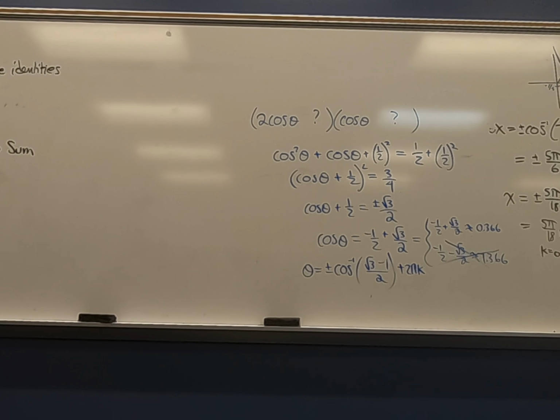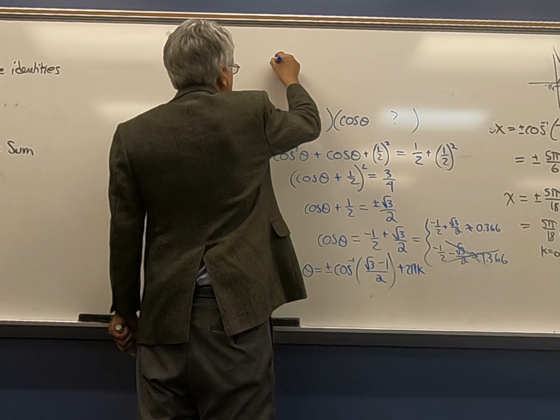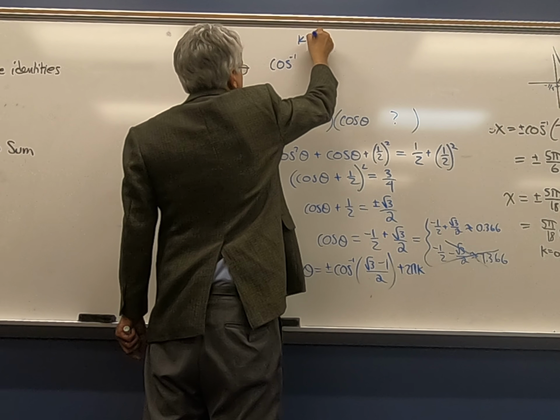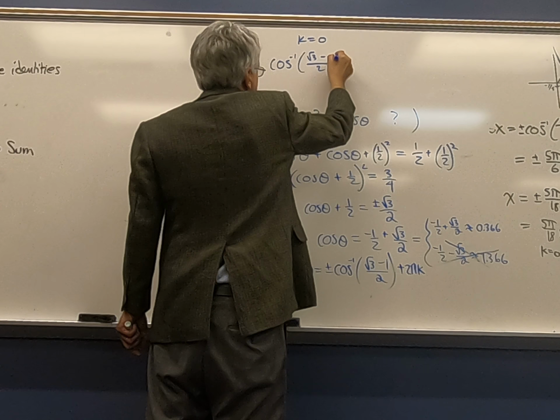Okay. So I wouldn't have you do that on the exam. So what would the 2 values be? Well, you'd have the angle whose cosine, so this is k equals 0, right? The angle whose cosine is square root of 3 minus 1/2.